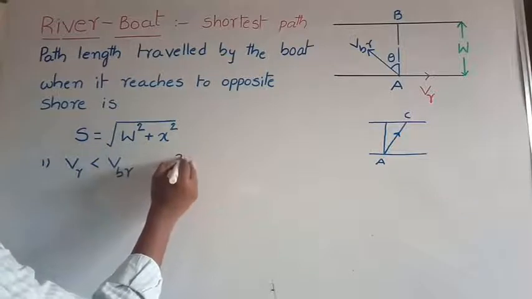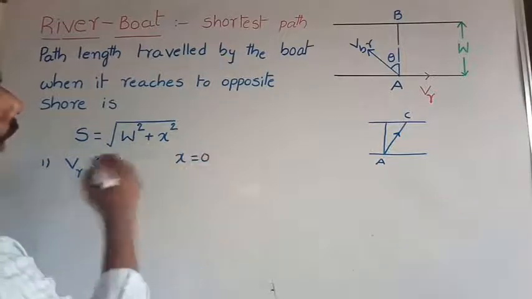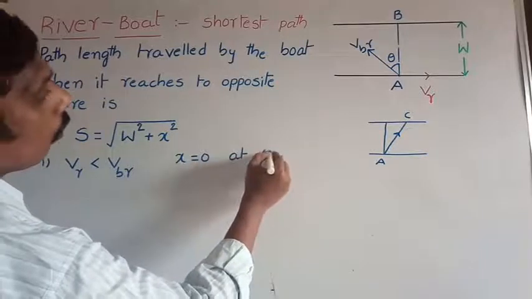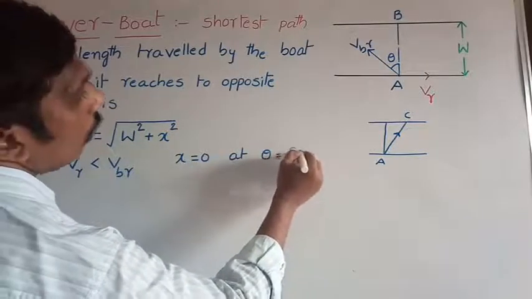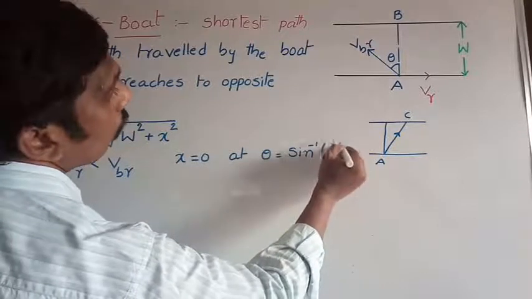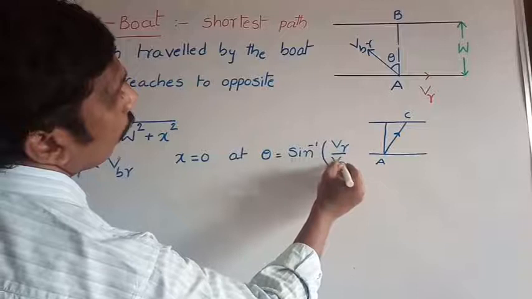At which angle is it possible? x is equal to 0 at theta equal to sine inverse of VR by VBR.